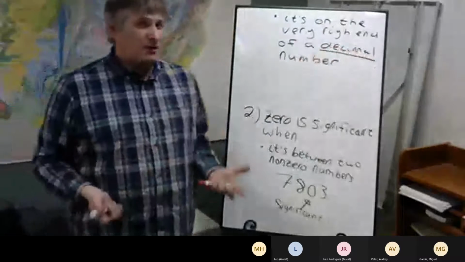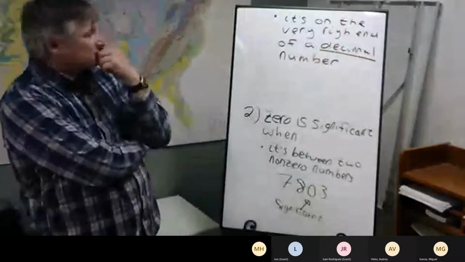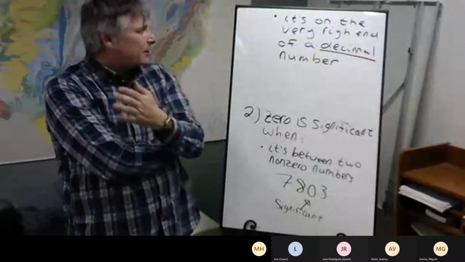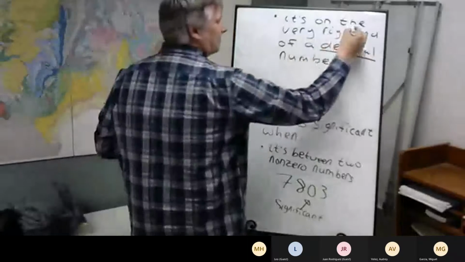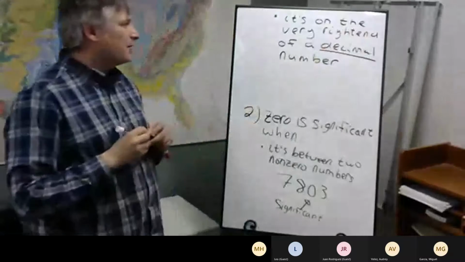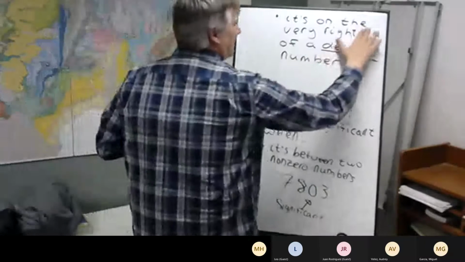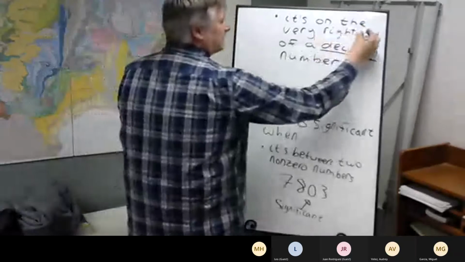So in this case, we mean the presence of a decimal point. So that's on the very right end of a decimal number.